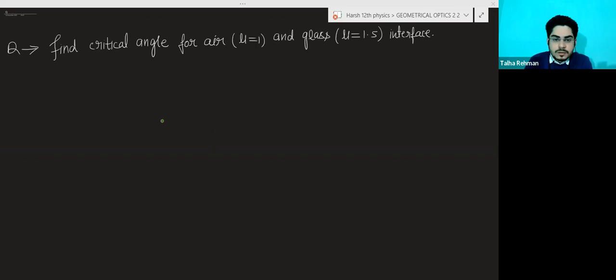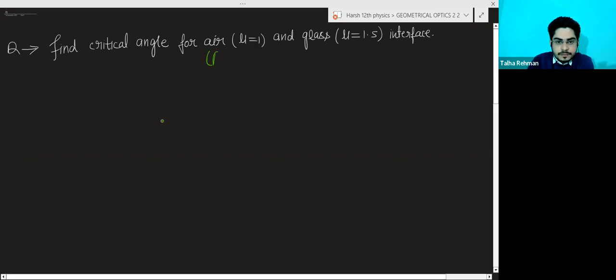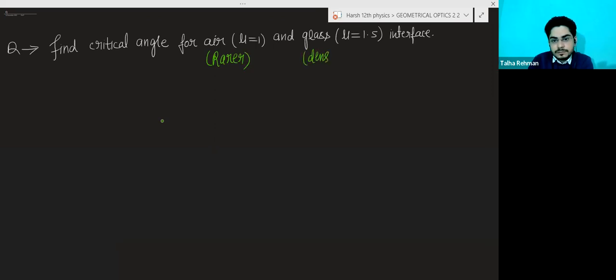So this air is rarer and this glass is denser.